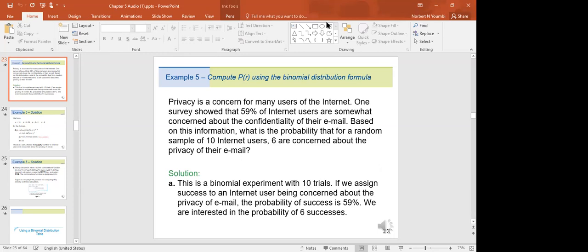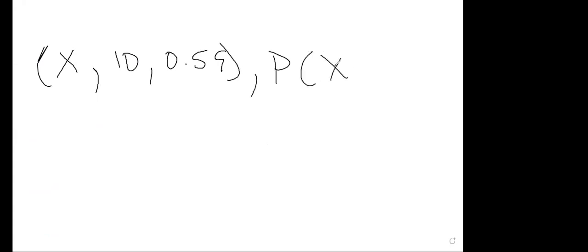So we can use our calculator. Here we have x, 10, 0.59. And we want to find the probability that x equals 6.